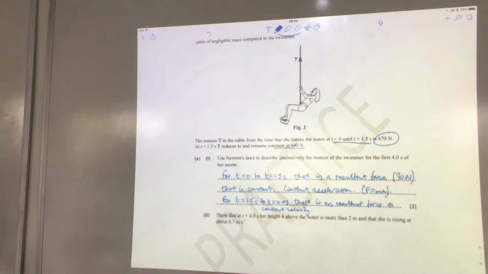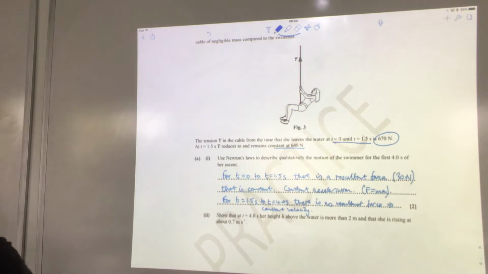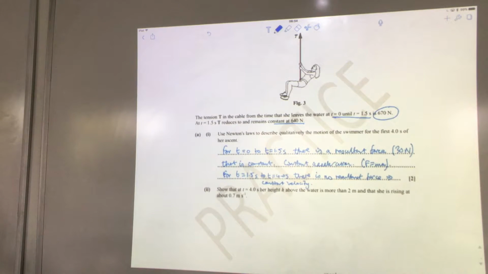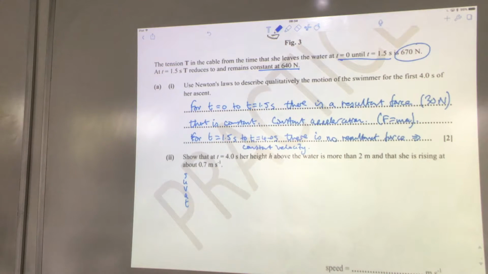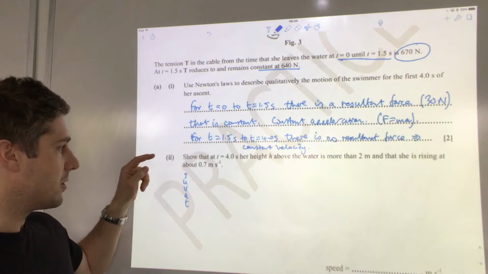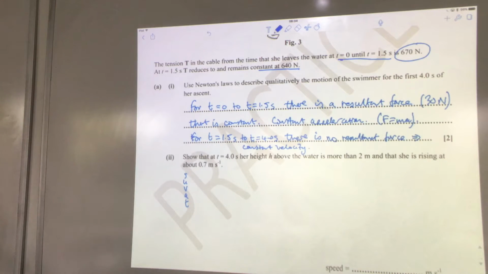Let's start off by working out the speed with which she's rising in the second section. So we're going to use a SUVAT problem here. We're going to use an equation of constant acceleration. We'll assume she's starting at 0 meters per second, and the v is what we want to find.